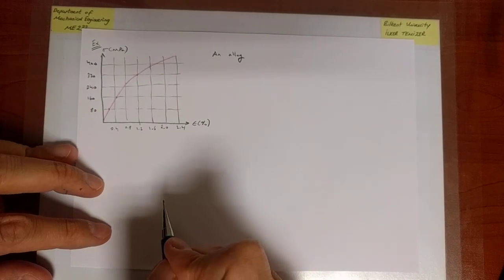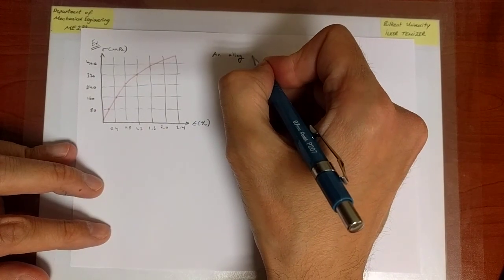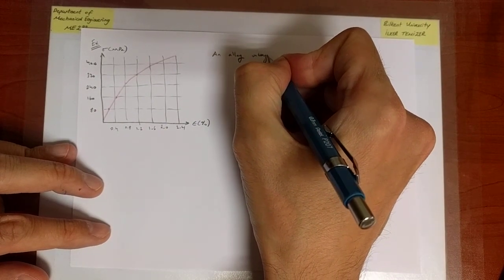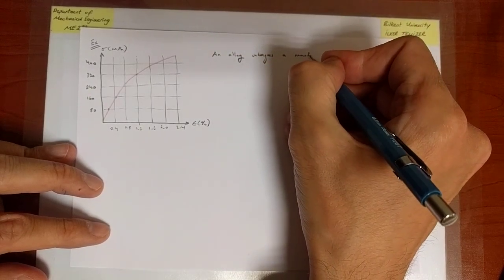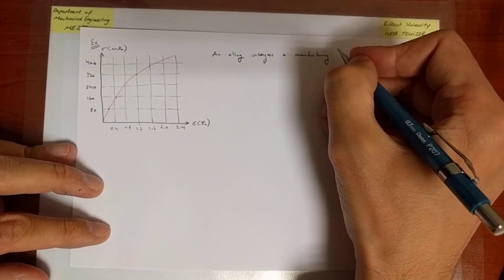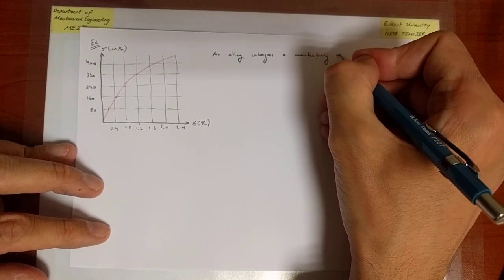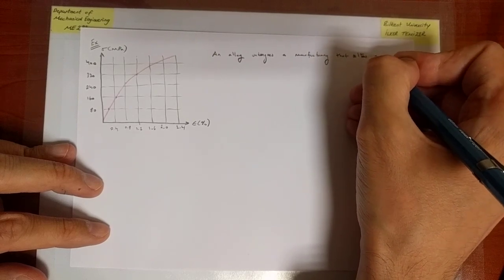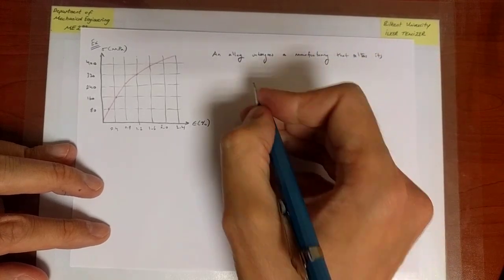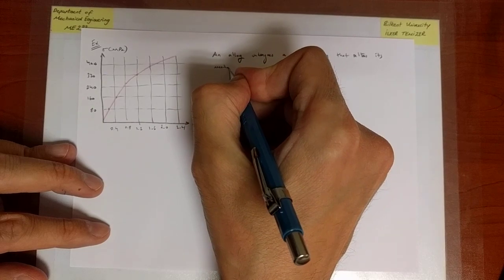Okay, so I would probably need to also describe the problem. So we have an alloy, and it undergoes a manufacturing process that changes its mechanical properties, right?